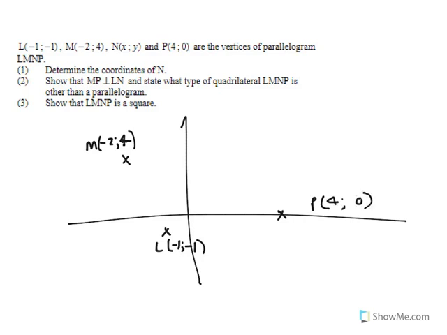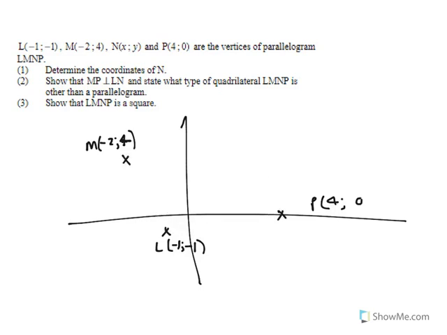Okay, and the important thing is that the naming convention of a shape is that you name the vertices in alphabetical order. So it's going to be L, M, and then N would have to be somewhere this side in order for this to be a parallelogram, right? And join with P and then go back there.